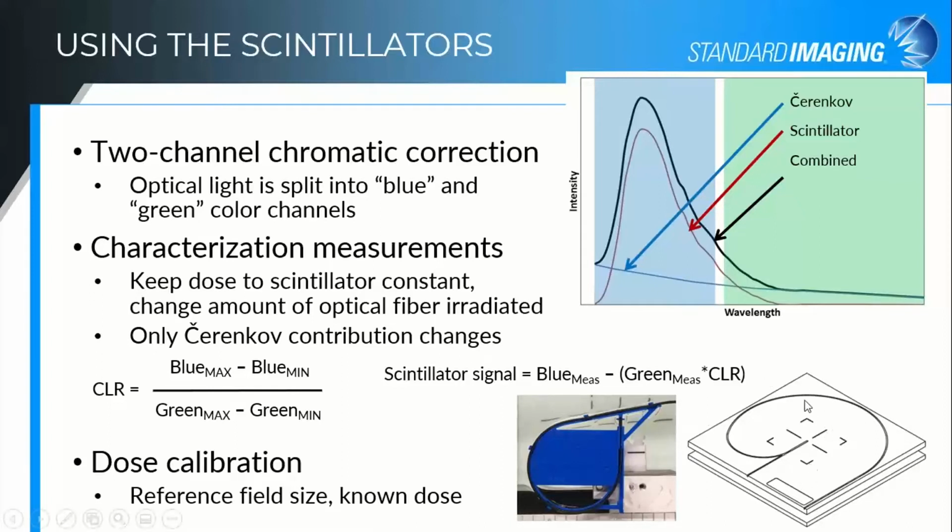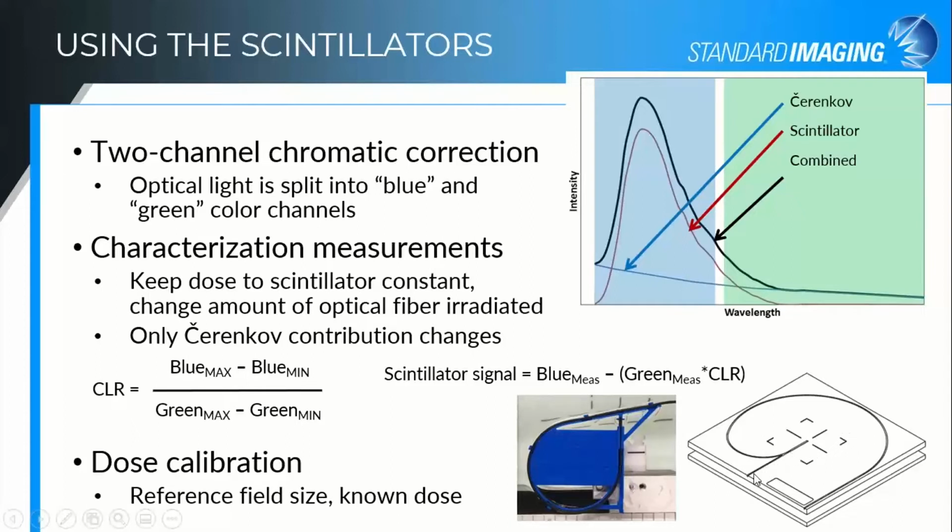The 2 holders we have for it are shown schematically down here. There's a slab phantom that fits in a 30 by 30 field that is provided with the W1.